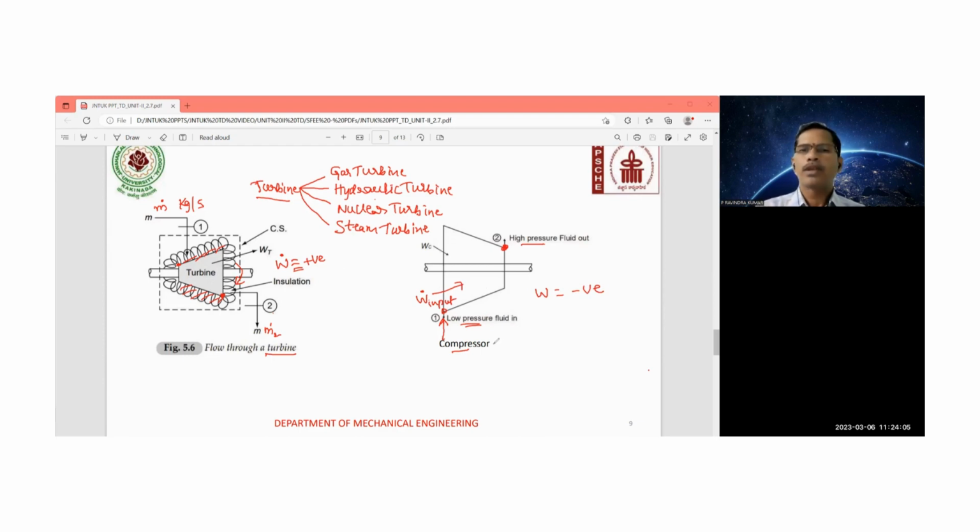And even in the compressor, there is the reciprocating compressor and another one, the rotary compressor.